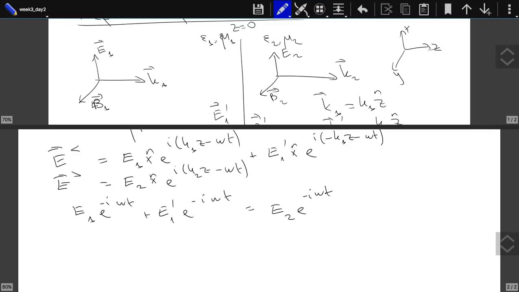If you want to satisfy this condition at all times, the frequencies of each one of these waves have to be identical, so that we can just cancel the time dependence, and if the remaining time-independent equation is satisfied, then this condition is satisfied at all times. So let's just cancel them. E1 should be equal to E2 minus E1 prime.